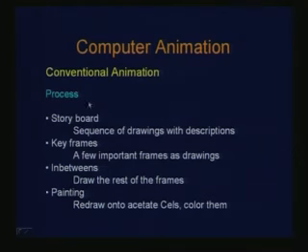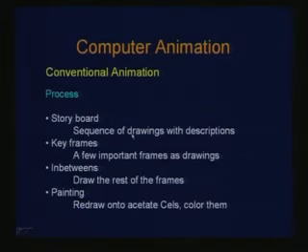Now if you look at the process generally employed in conventional animation, we have a notion of what we call a storyboard. The animator generating the sequence of animation creates drawings capturing what the frame should be, what the contents in the frame are, and how these contents are to be laid out in that particular frame.